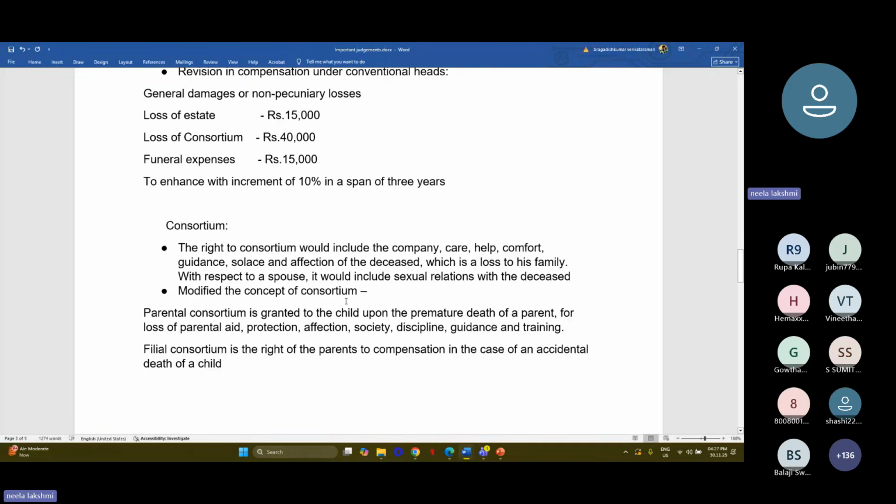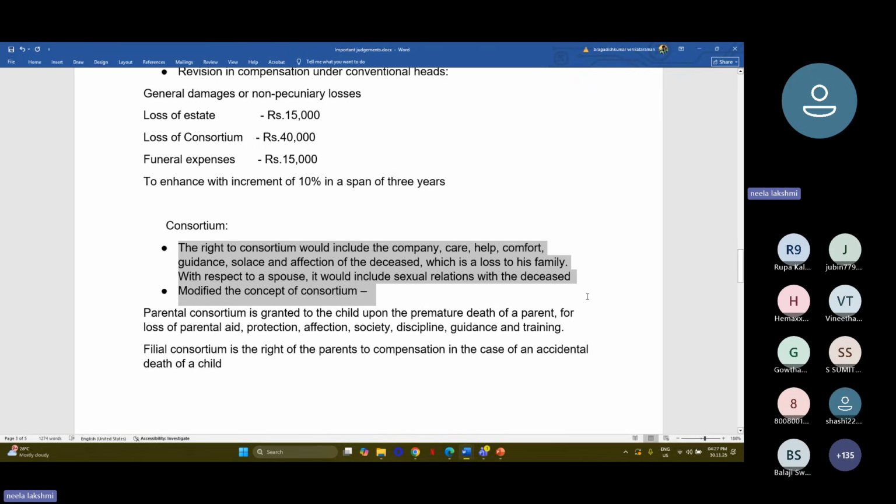The concept of loss of consortium: consortium is especially for the spouse. It was awarded to those who have lost their spouse, companion. But after that, some judgments altered the consortium concept also. Consortium means the right to consortium would include company, care, help, comfort, guidance, solace, and affection of the deceased, which is lost to the family.